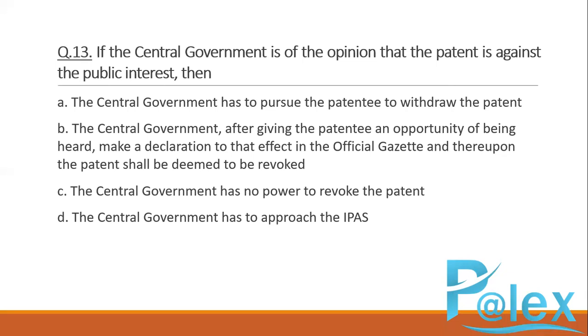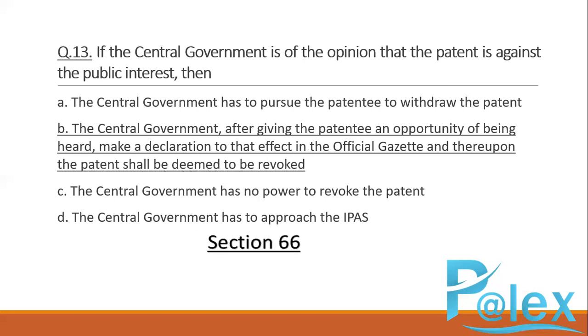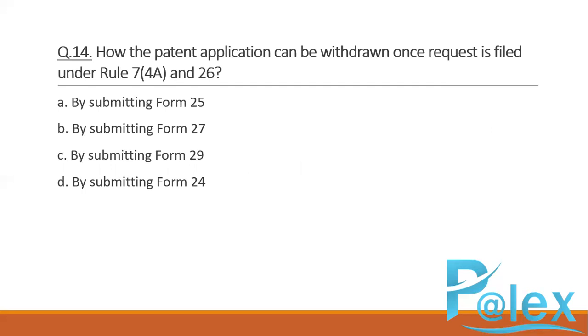And fourth option is the central government has to approach the IPAB. Now, in this case, the correct option is B. Under section 66, the central government has the power actually to revoke a patent after the patentee is heard, basically. Okay, this is in case of the patent is against the public interest.